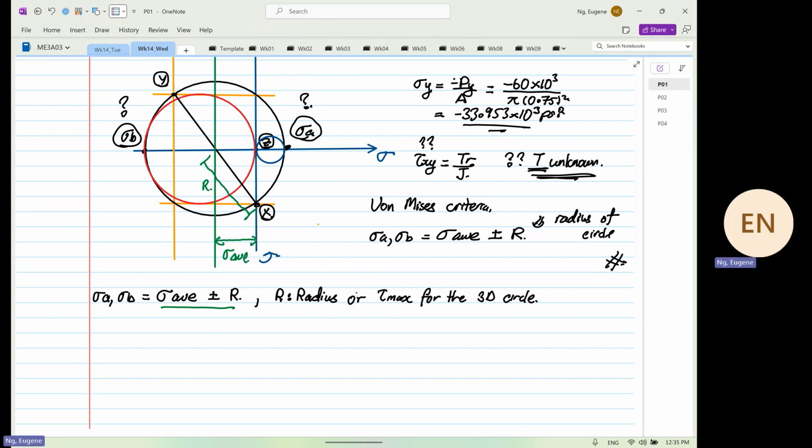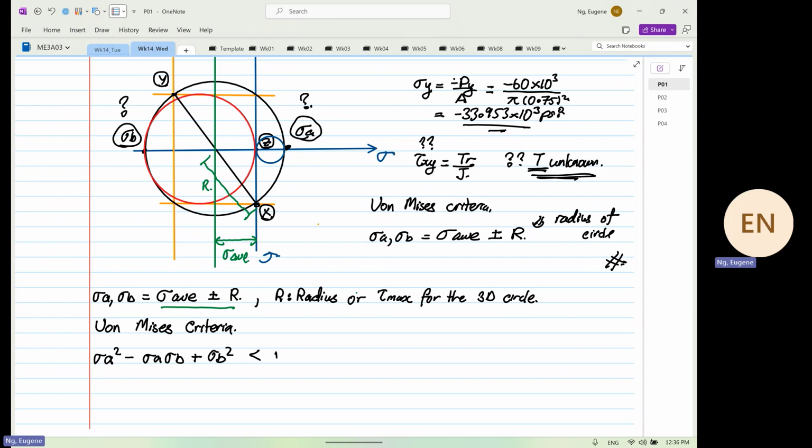So from here, when we substitute into Von Mises criteria, now you have to remember Von Mises criteria, okay? This will not be in the formula sheet. So it's basically stress A squared minus stress A times stress B, plus stress B squared.